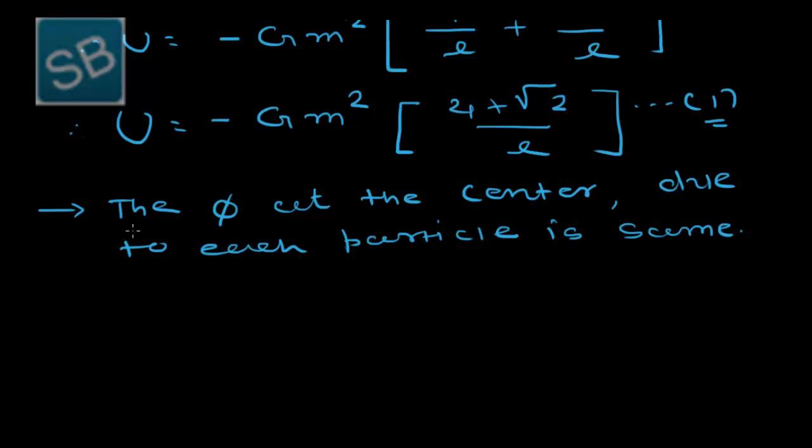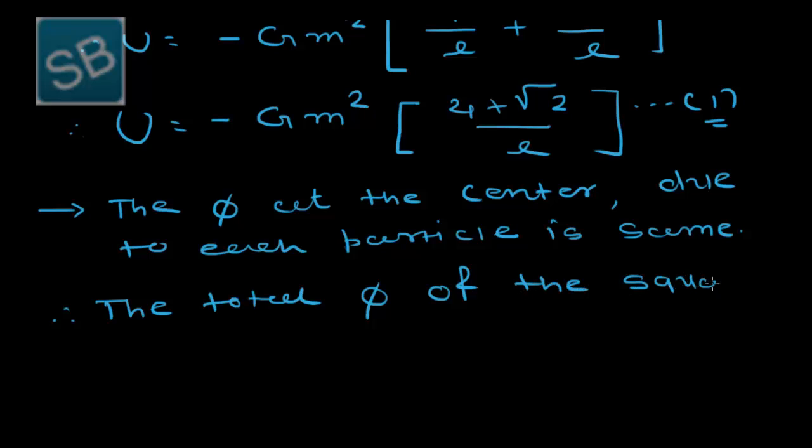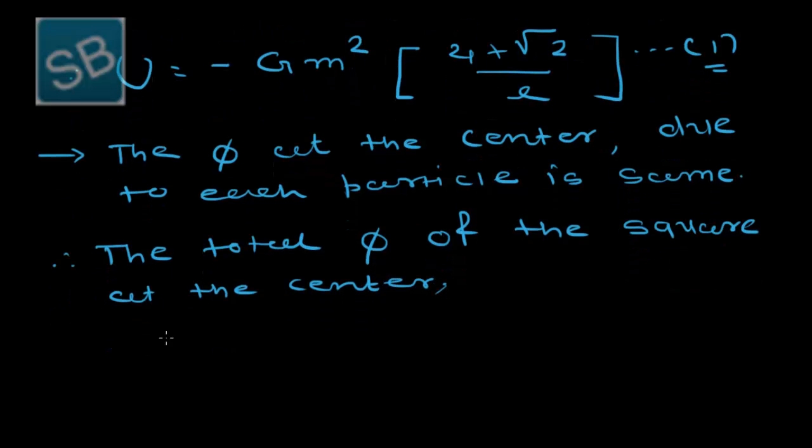And now the total gravitational potential of this square at the center, that means phi is equal to 4 times the potential due to every particle.